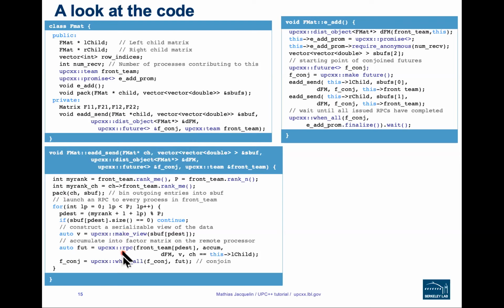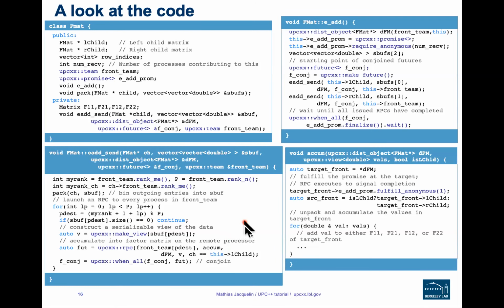And then it's going to issue an RPC calling the accum function on the remote process. This accum function is the one that's going to do the actual computation, and it's going to be executed on the remote process where the data needs to be accumulated. Here we are unpacking the values in the UPCXX view using this for loop, and then we're going to find the location and accumulate it in either F11, F21, F12, or F22 submatrices.